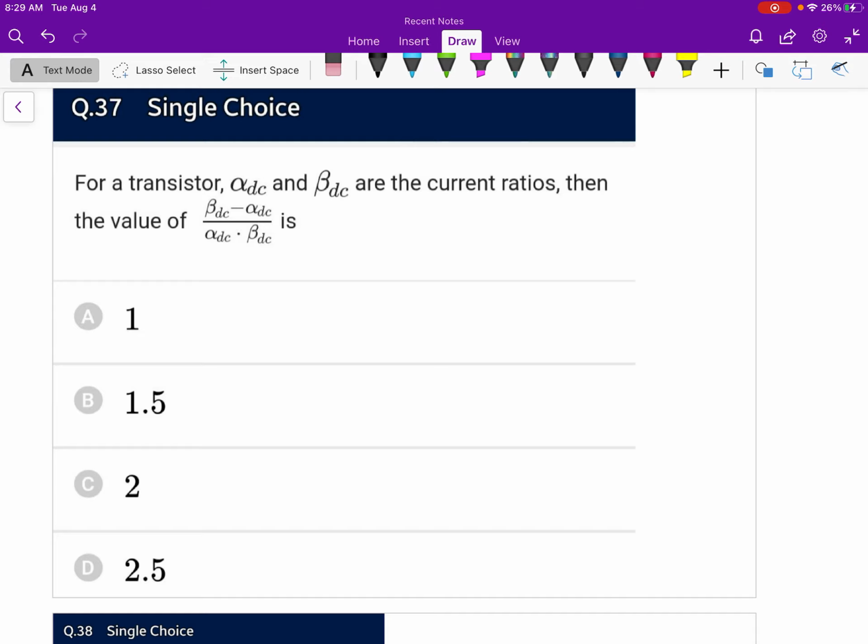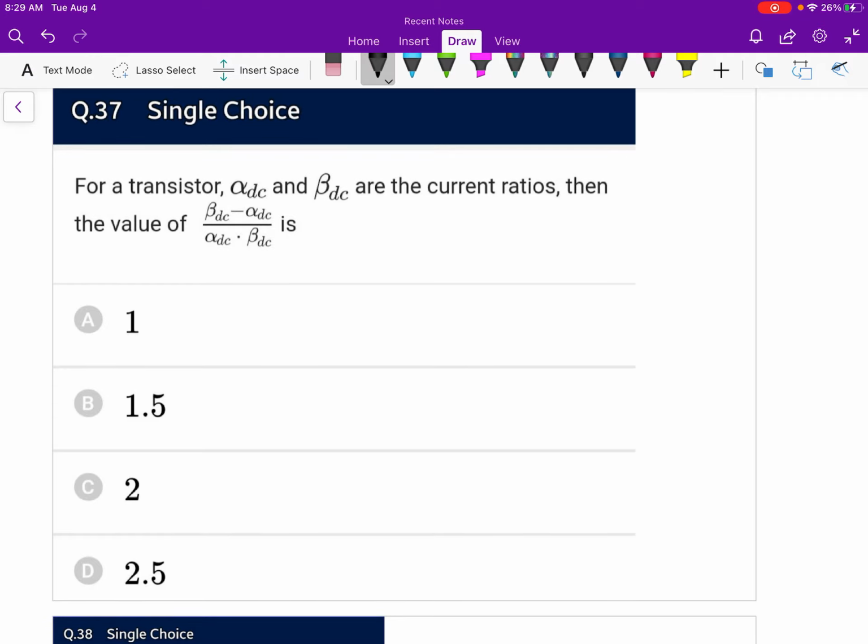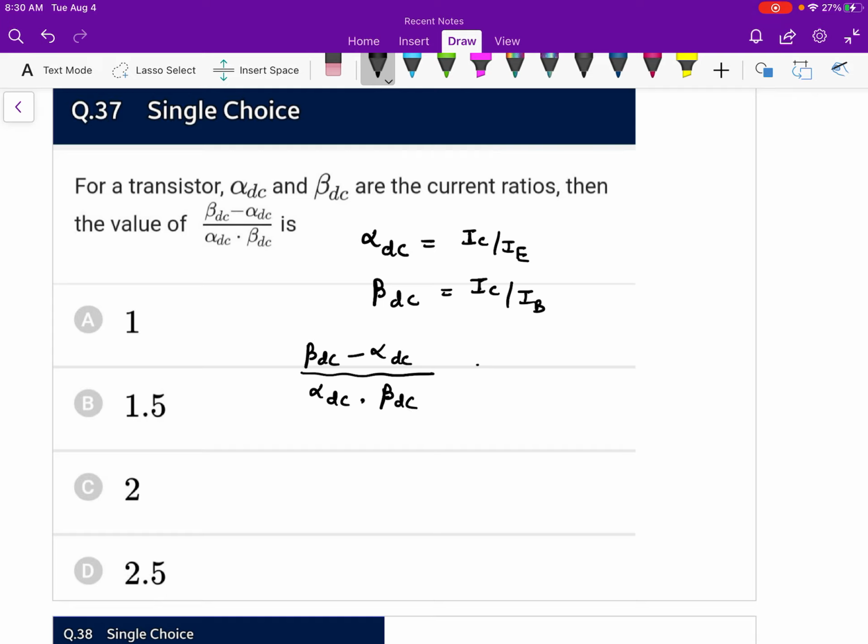For a transistor, alpha DC is this, beta DC is this, and we need to find this expression. So alpha DC is IC upon IE, and beta DC is IC upon IB. So now let's substitute. Beta DC minus alpha DC upon alpha DC into beta DC.